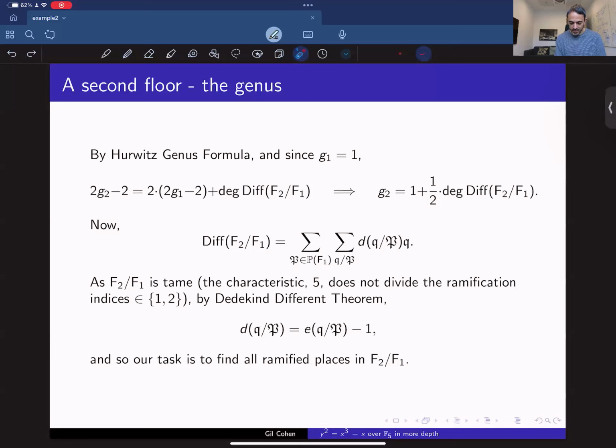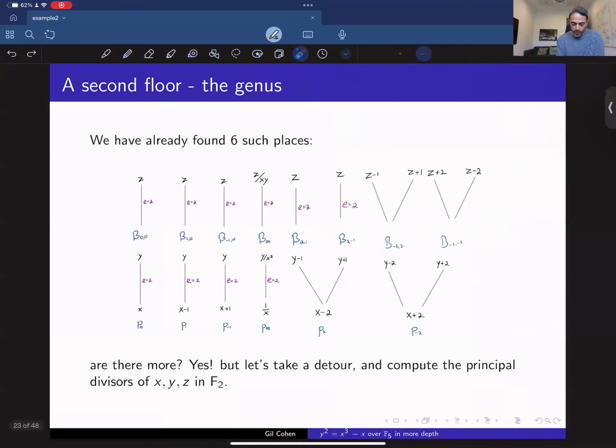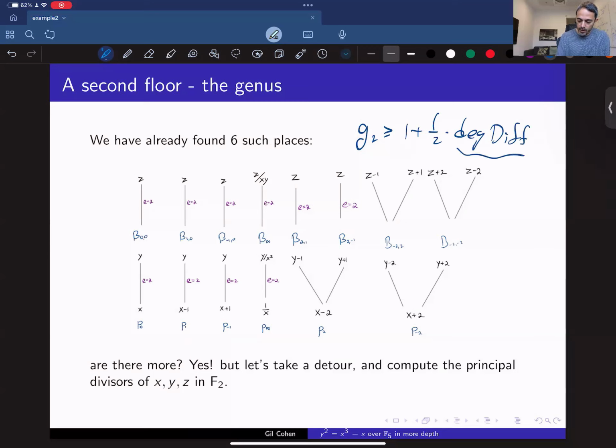Because the degree of the different is what matters for us, and for computing the genus, we should divide it by 2 and add 1, and multiply the degrees of the prime divisors that appear in the different, because I'm computing the degree of the different, which is this sum, but with replacing Q with the degree of Q. And all of these places are rational, so they have degree 1, and there are 6 of them. So g2 is at least 1 plus a half times the degree of the different, and the degree of the different is 6, or at least 6.